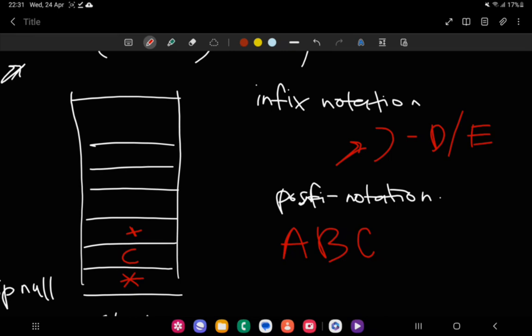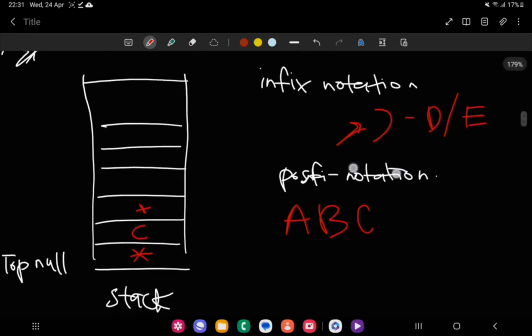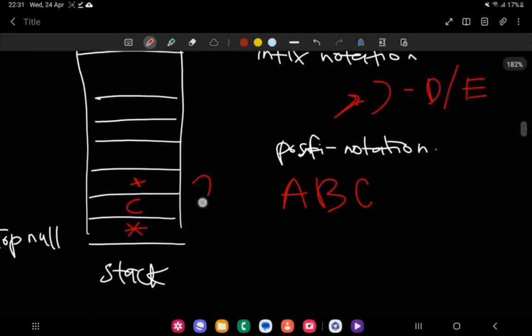So right. So it means that we pop all elements here. Once we find this symbol, we write plus.